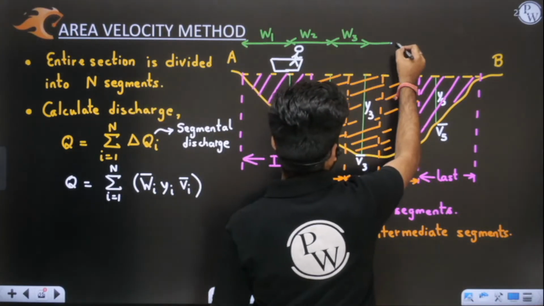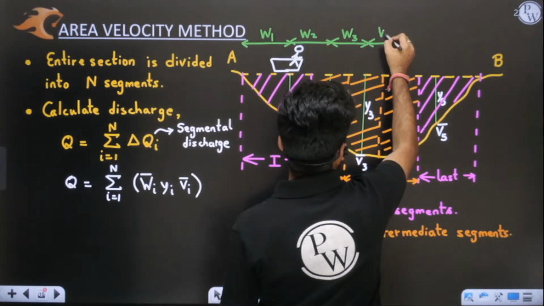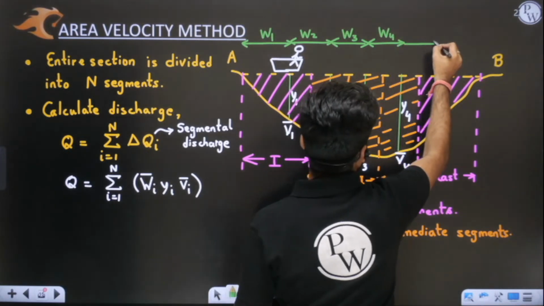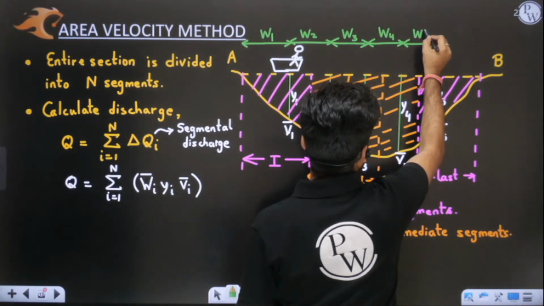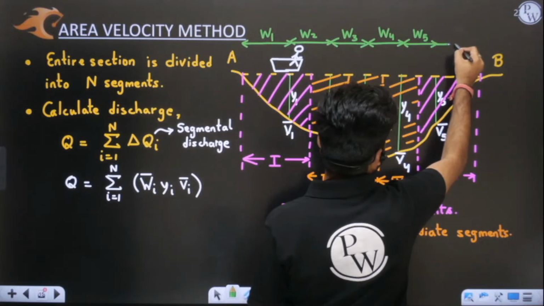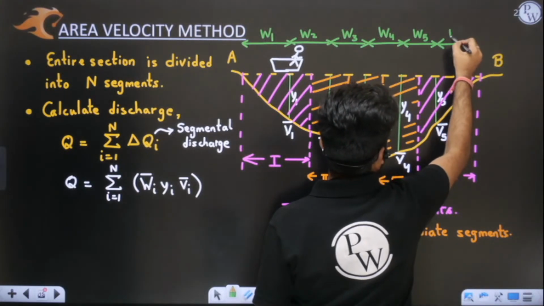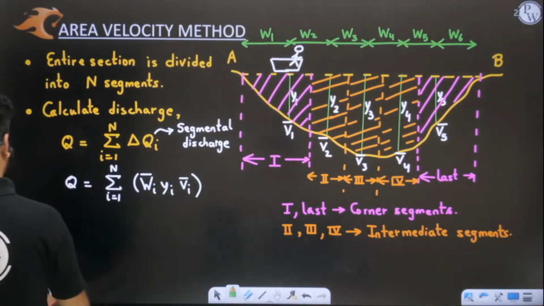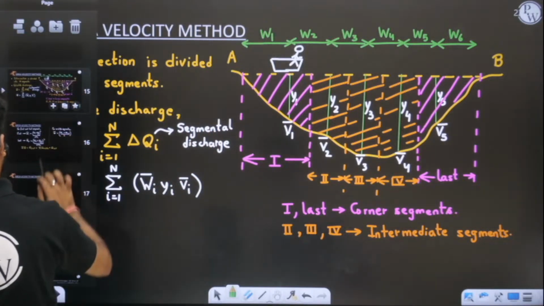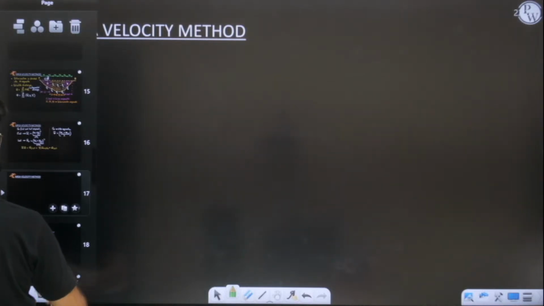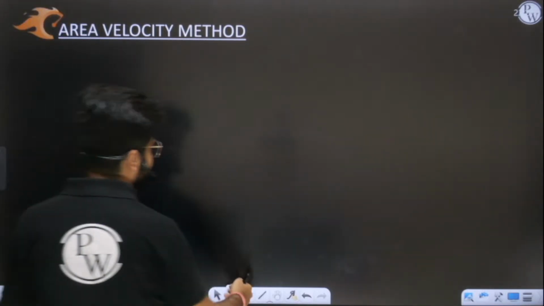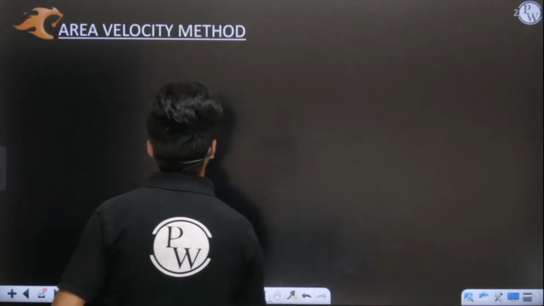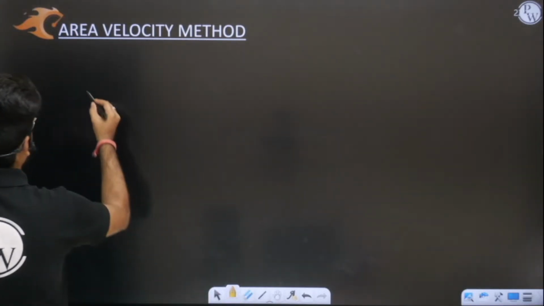So this is W3, this is W4, this is W5, and at last we have W6. After every 3 meters we are simply stopping. I will write that whenever I am moving from end A to B, I am simply stopping.